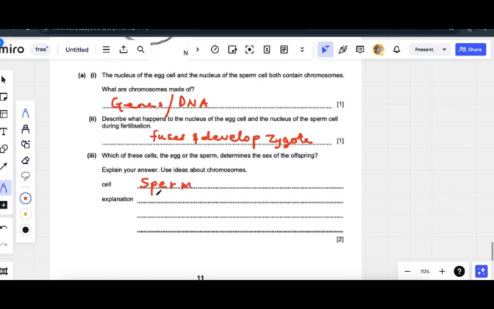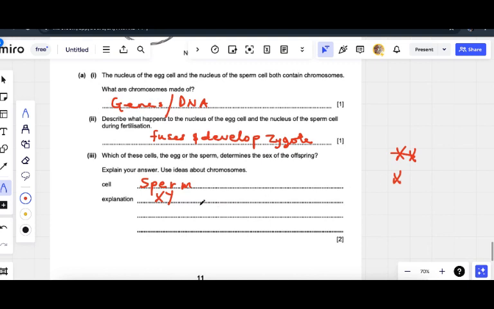Why? Because the sperm cells contain X and Y chromosomes. The egg cells contain X chromosomes.